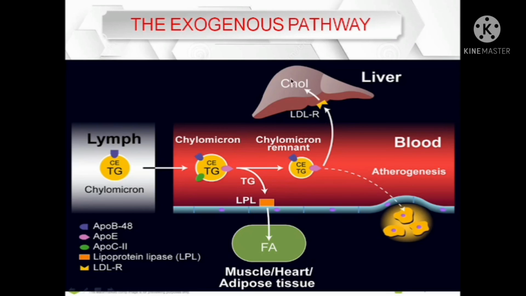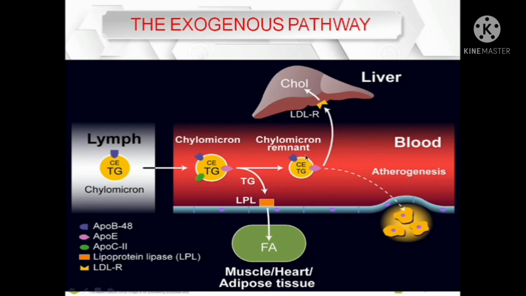So this chylomicron remnant is in circulation and moves to the liver. The liver clears it by the hepatic remnant receptor, which recognizes and binds ApoE. Don't forget that ApoE is also found on the chylomicron remnant.